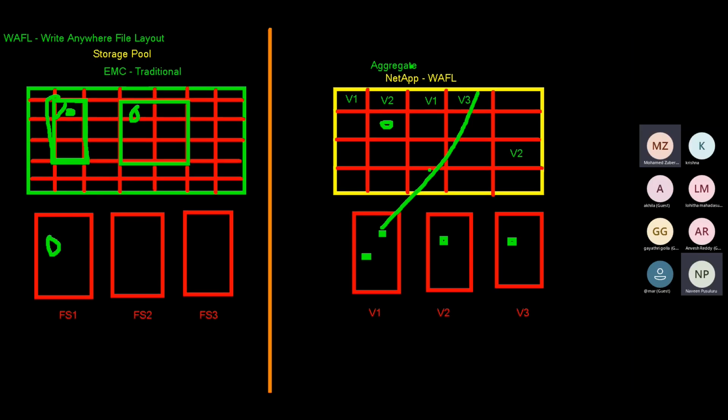So what will PAM do? PAM will maintain the indexing, right? Where it stored the data, which block, which disk, which shelf, that indexing it will maintain. This is how WAFL works.